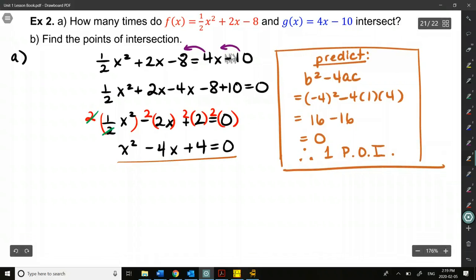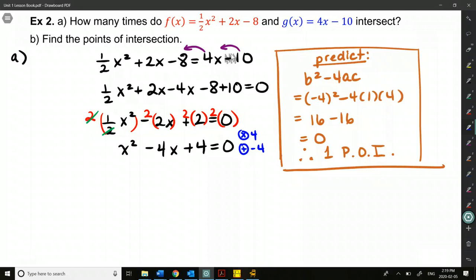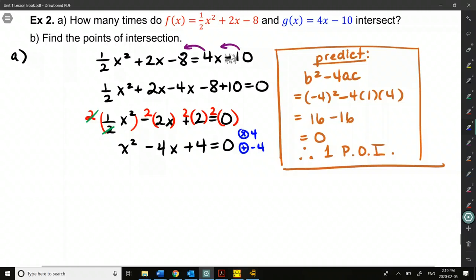Okay, so let's work off this. We have 2 options. If we can factor, we'll try to do that. If not, then we will use the quadratic formula. So 2 things that multiply to 4 and add to negative 4: negative 2 and negative 2.